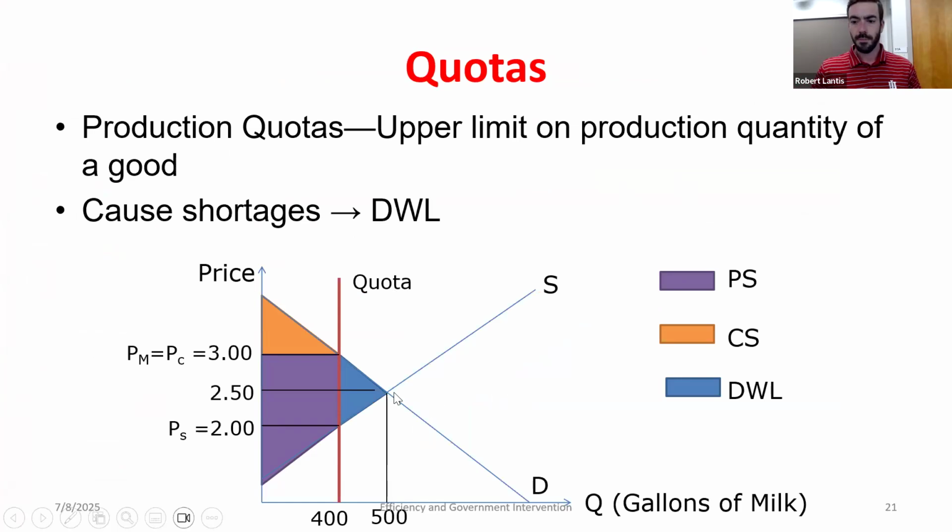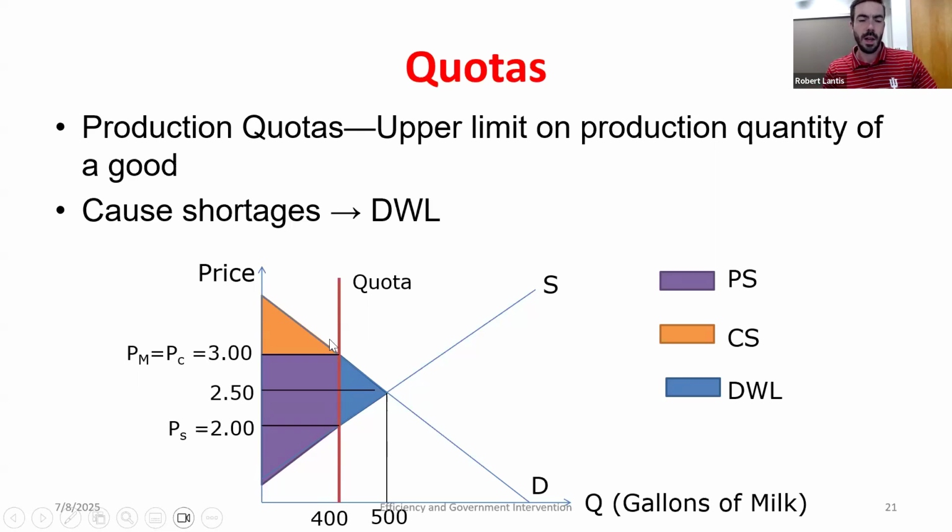So if I had gallons of milk here, if I'm trying to help out the dairy industry, maybe instead of allowing there to be 500, the equilibrium quantity of gallons of milk, I said there can only be 400 units. If I limit quantity, right, we're going to start to have differences in the price that a consumer pays, and you can think about it as the price the consumer would be willing to pay and the price the seller would be willing to sell it at.